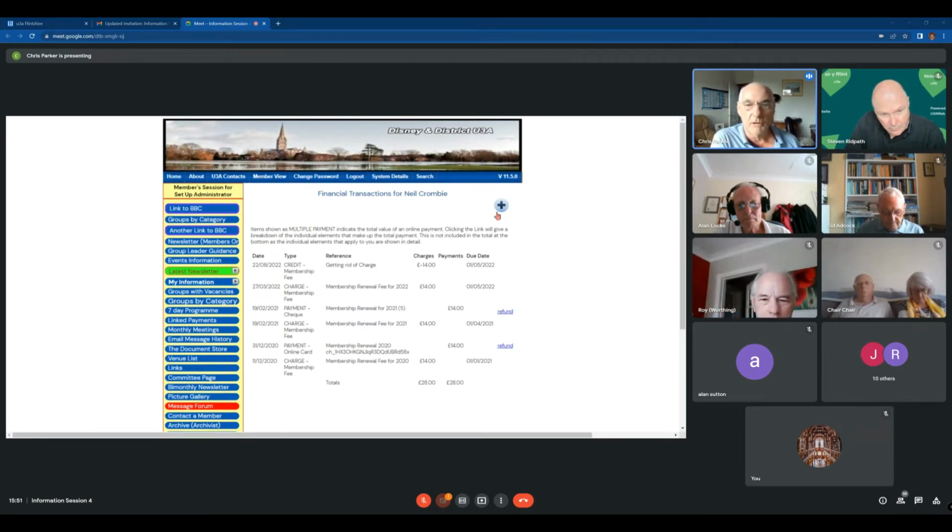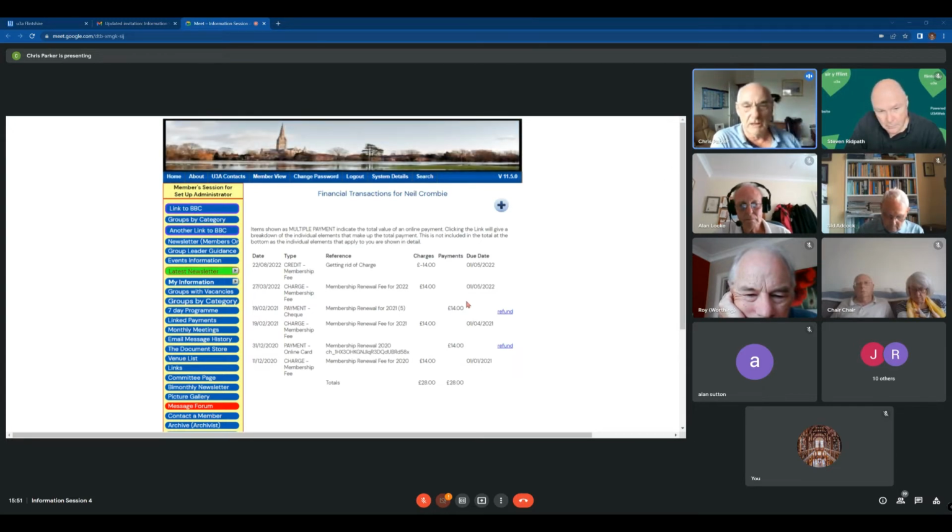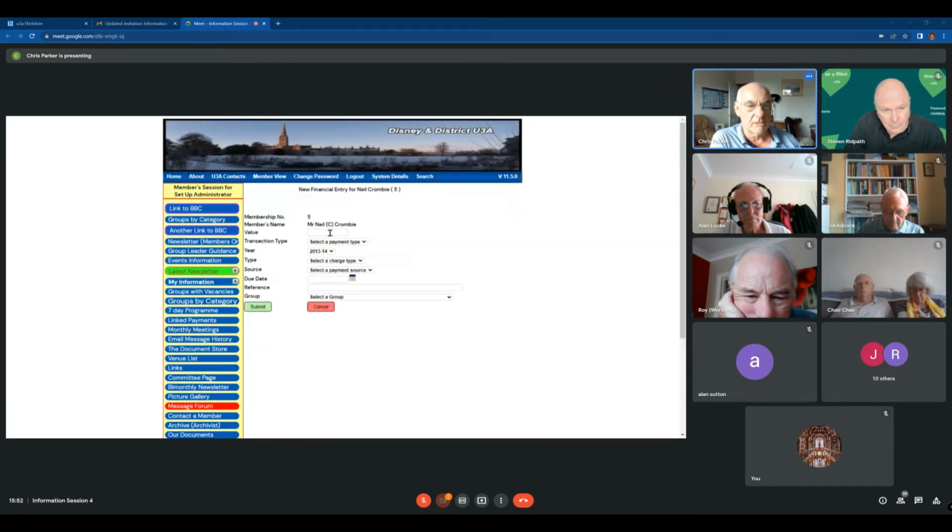Similar sort of thing if you want to change the payments. You do have the option with payments to use the refund system, but you may not want to put a refund because something's wrong. You can put one in here, same thing, £14.